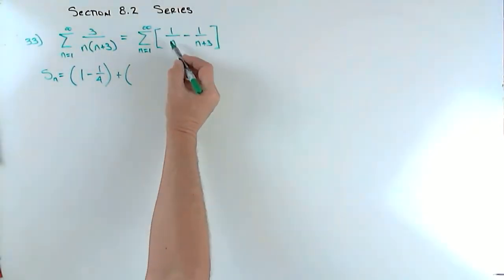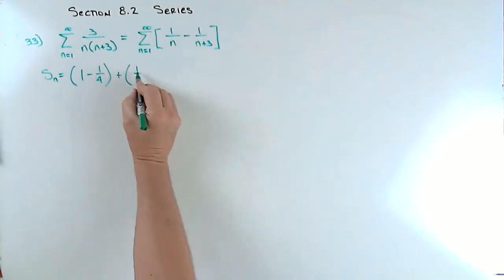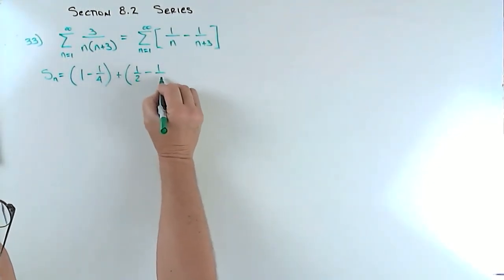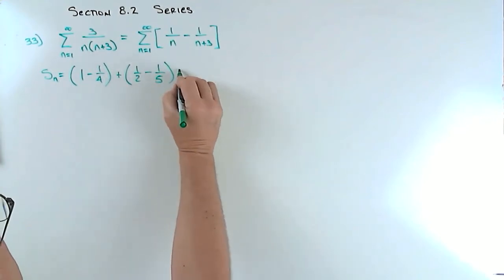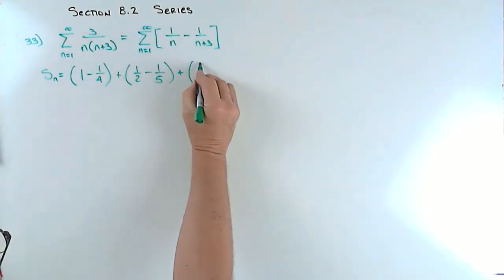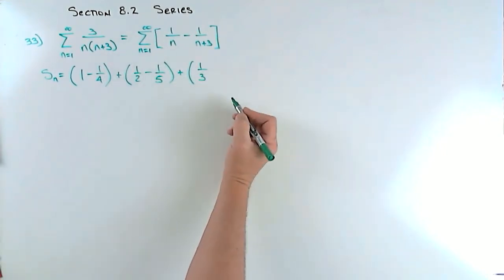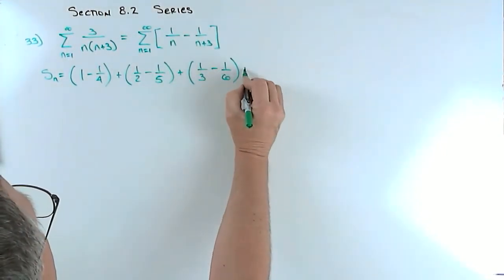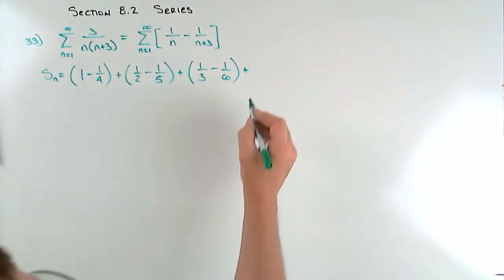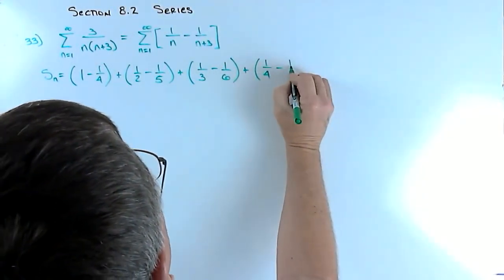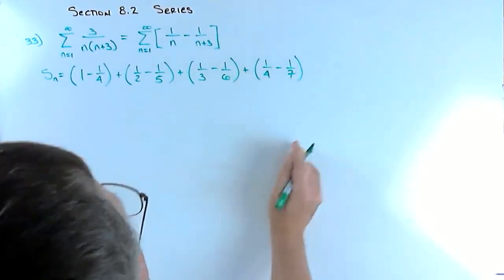So when we put in 2, we get 1/2 minus 1/5. Notice that doesn't cancel any of these. So we have to keep going to get an idea of how this is telescoping. Put a 3 in here, we get 1/3 minus 1/6. Now, when we put a 4 in here, we're going to get 1/4 minus 1/7.